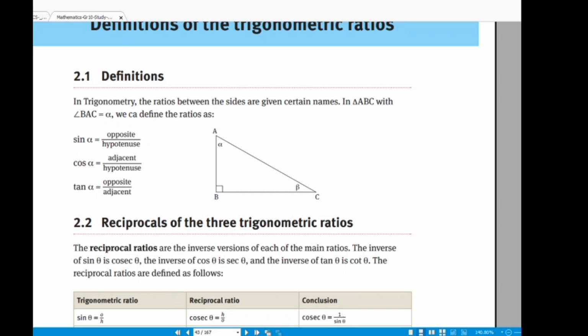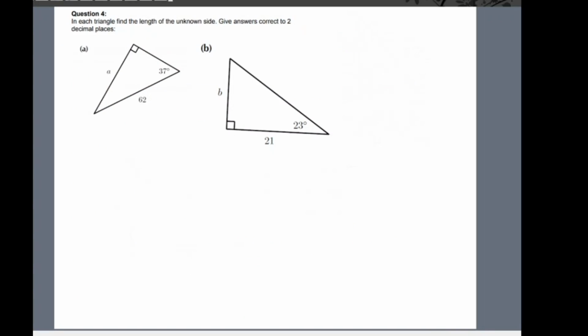Okay, so let's do this question. To solve it we will use the trigonometric ratios we have defined so far. Sine theta is opposite over hypotenuse.